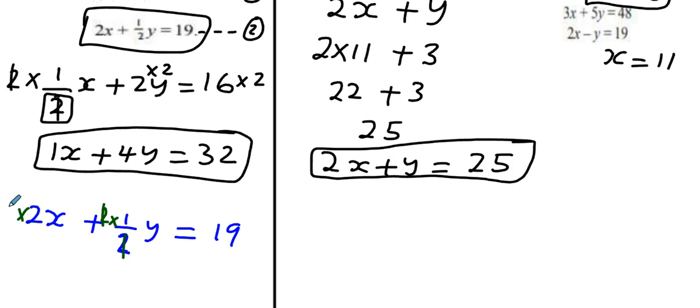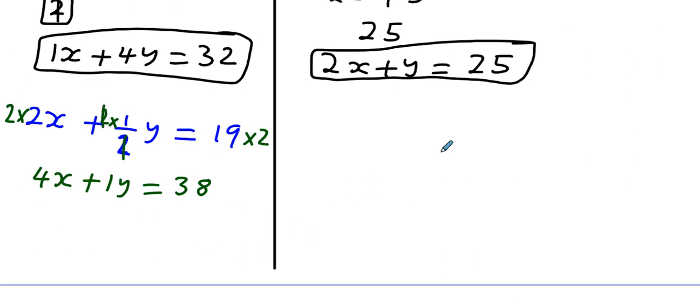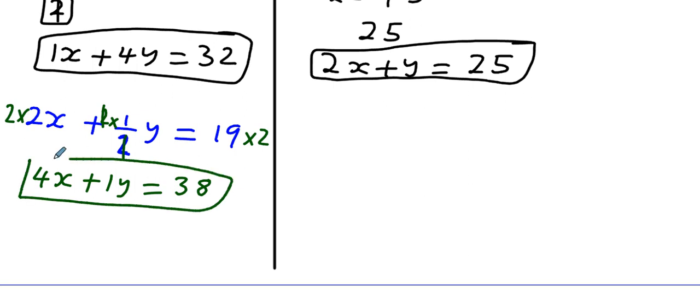Also, you have to multiply by 2 here and here. 2 times 2 is 4x. Now here only 1y is remaining. So 19 times 2 is 38. So now we already have these equations without fractions.